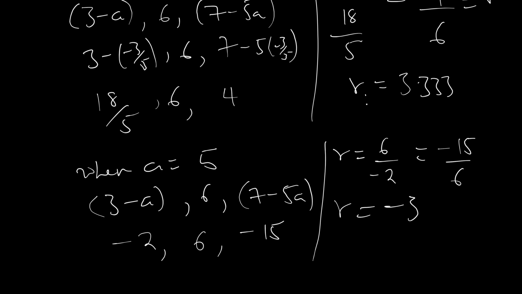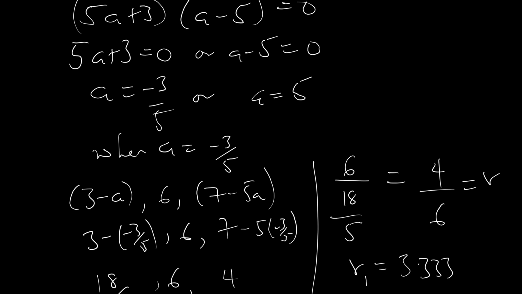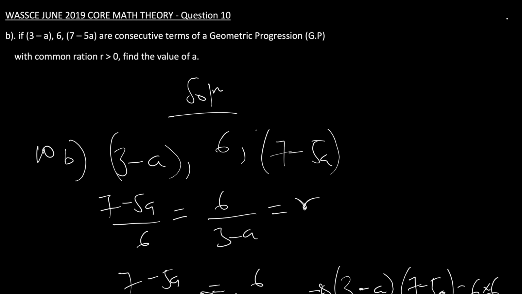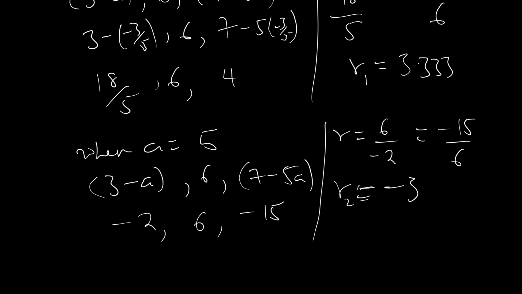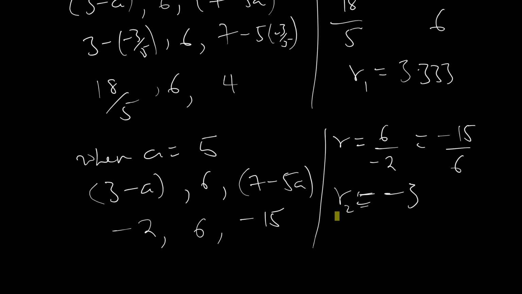So we have R1, which is 3.333, and R2, which is negative 3. But from our question, we are told that our common ratio is greater than 0. But negative 3 is not greater than 0. And so our R is 3.333.